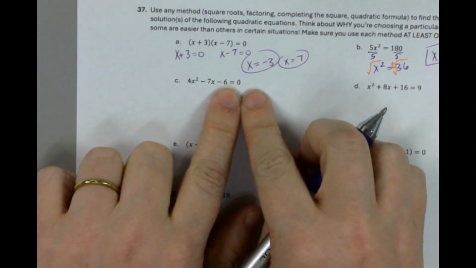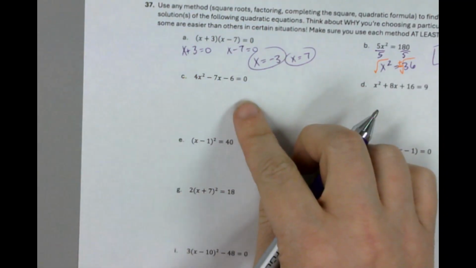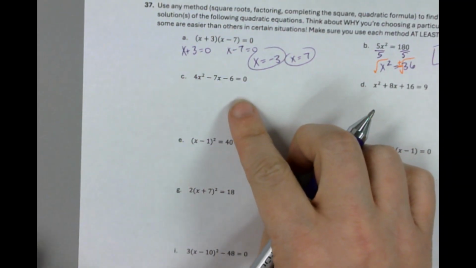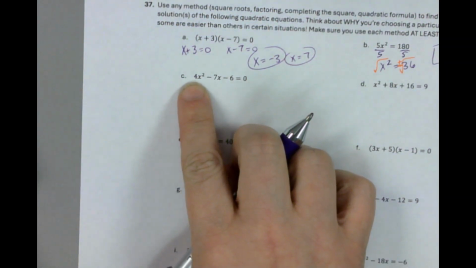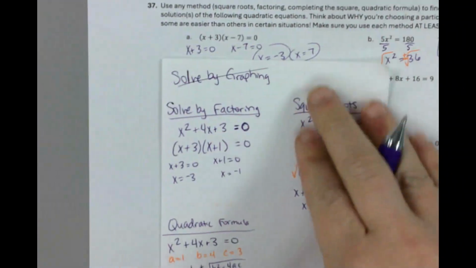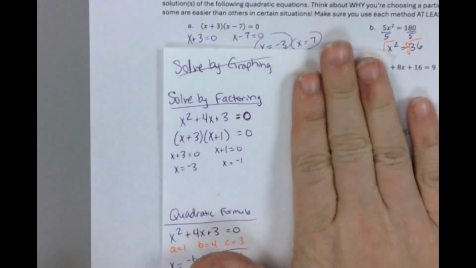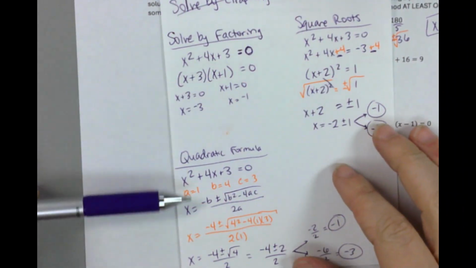Letter C, this is a trinomial. It does equal 0. So our options are completing the square, solving by factoring, or using the quadratic formula. I do not want to complete the square. That is a big mess when you have an a value other than 1. So if a is not 1, I'm not even going to touch square roots, which means factoring or quadratic formula.